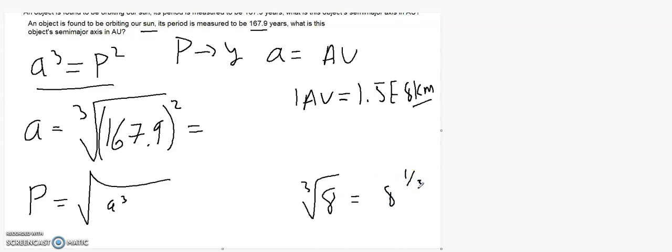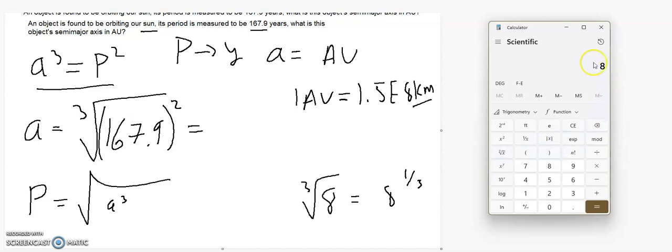That's another way of writing the same thing. Since 2 raised to the 3rd power is 8, the cube root of 8 should be 2. Let's see that in action with our calculator.